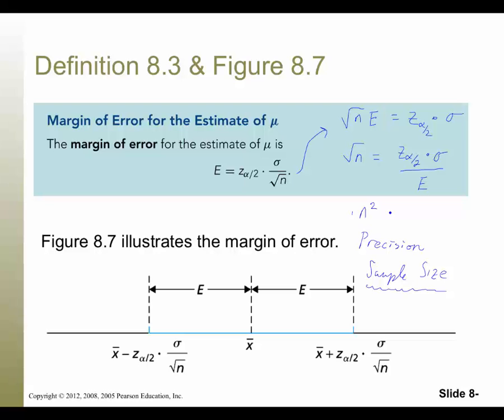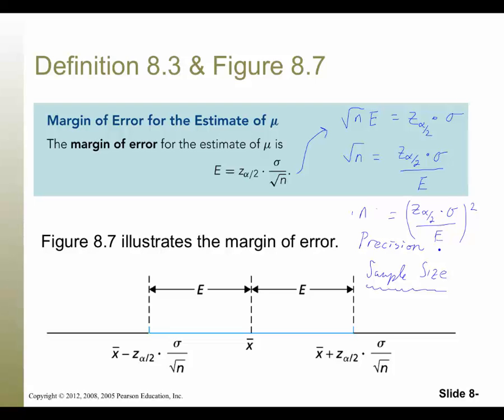So what is n? No, it's not n squared, it's n. n equals this thing squared. So this is if you want a certain margin of error and a certain confidence.